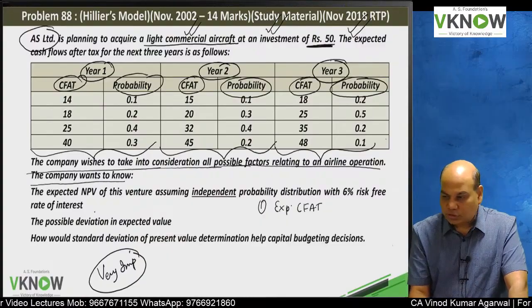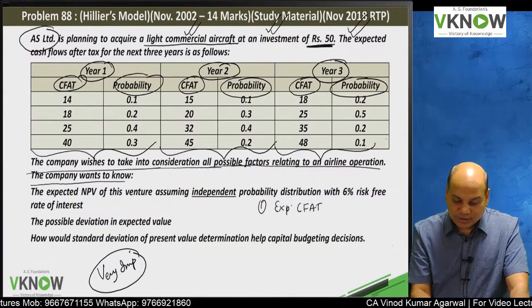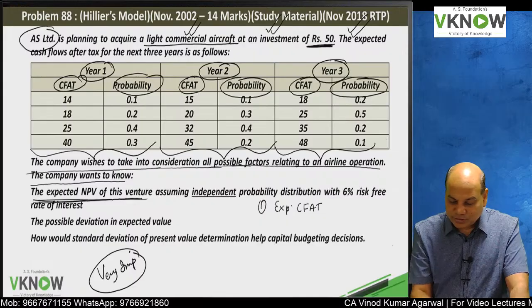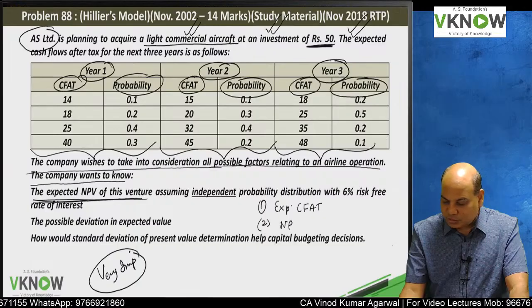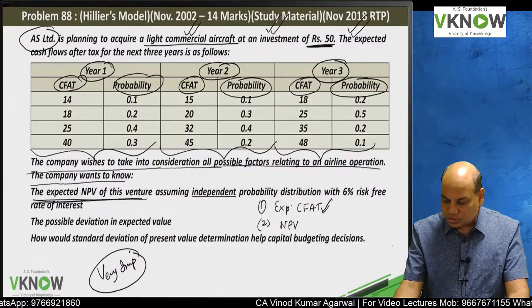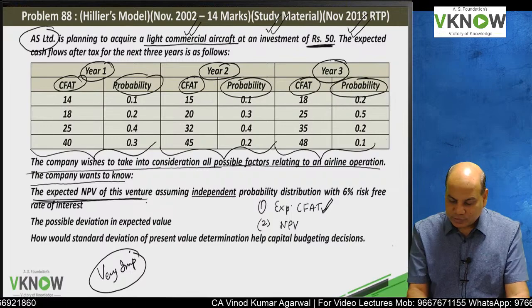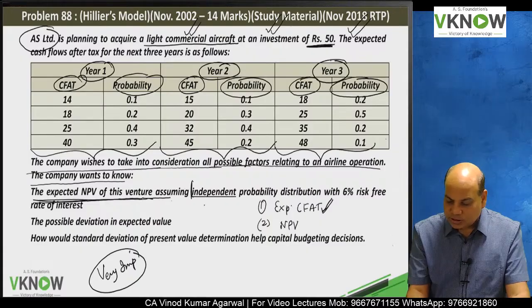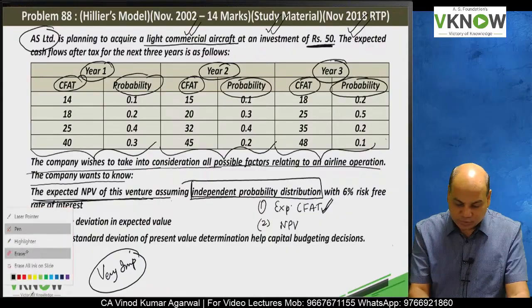The company wants to know the expected NPV of this venture. To calculate expected NPV, step number 2 will be to find NPV using this expected cash flow after tax of year 1 to 3. Up to this we have done in earlier questions also. The expected NPV of this venture. Now you doubly underline assuming independent probability distribution.